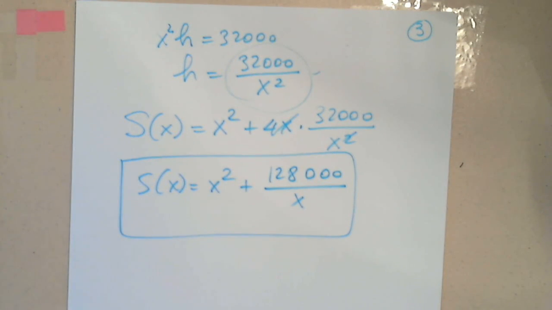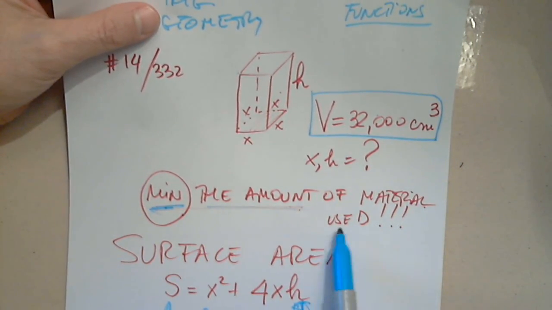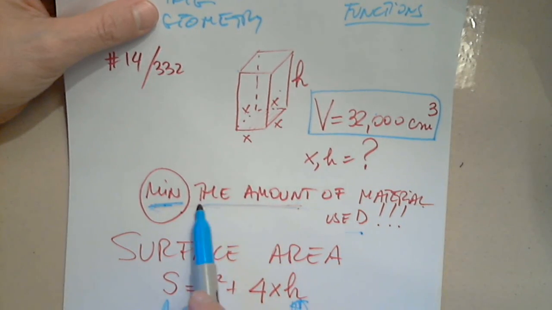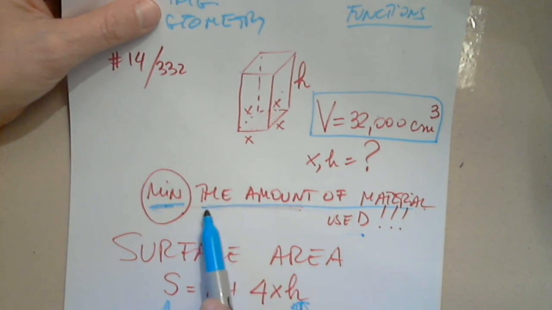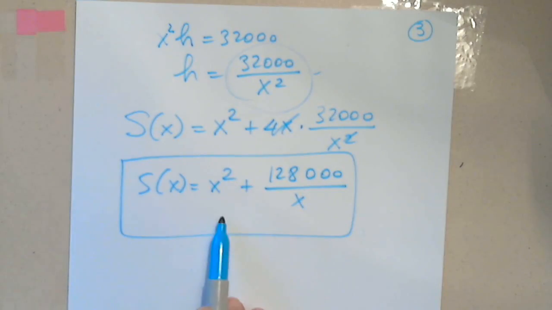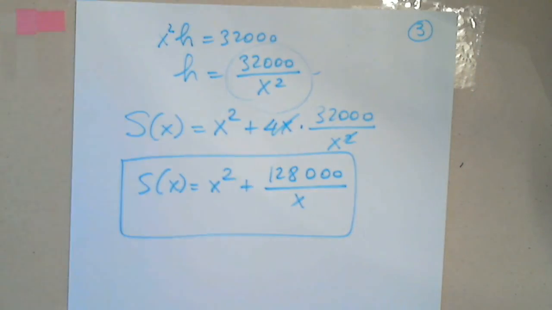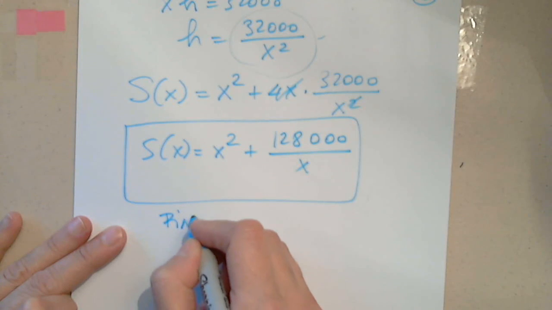And this is a major accomplishment because I'm asked to find the minimum of a function that I have now. I have the area, or the amount of material used. I have it. It's right here. Now I'm asked to minimize it. How do I proceed?